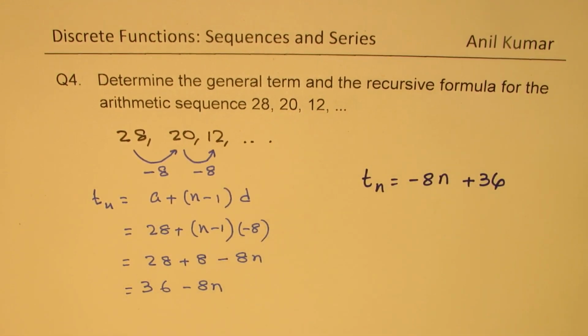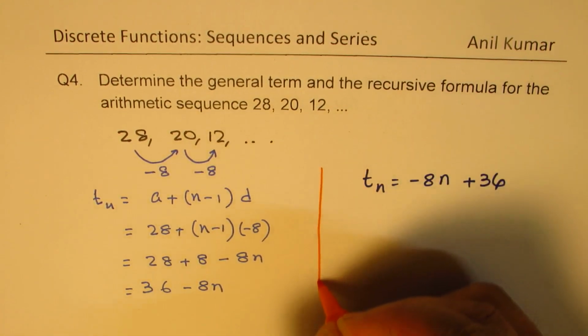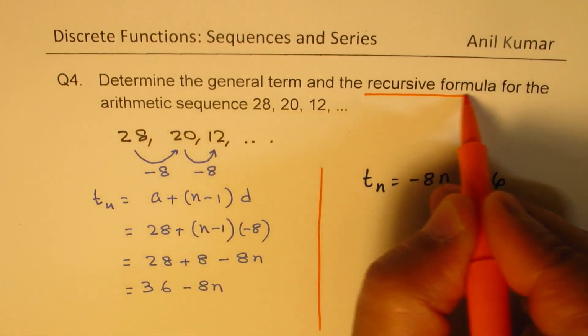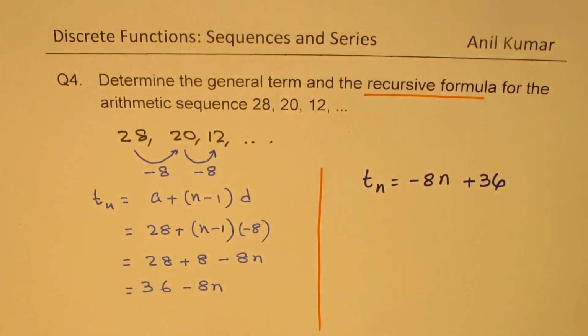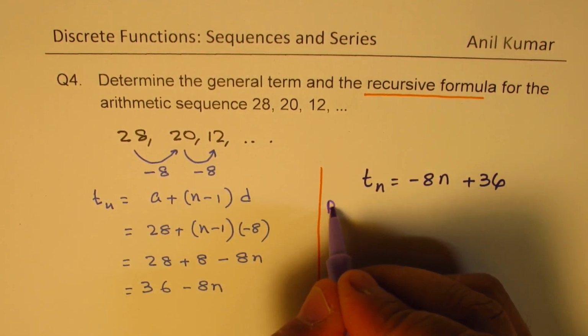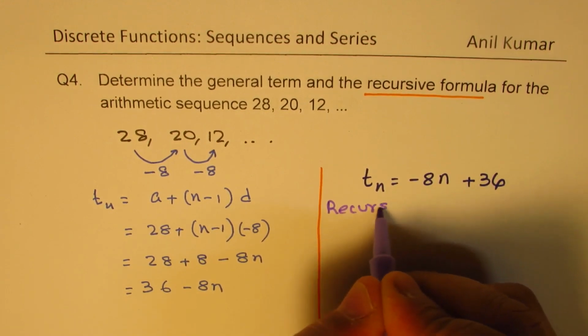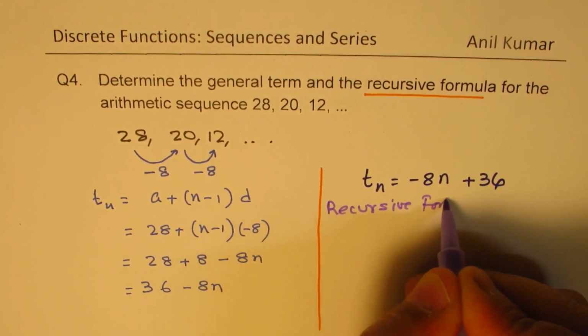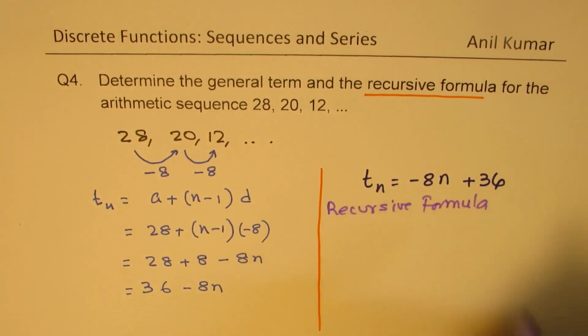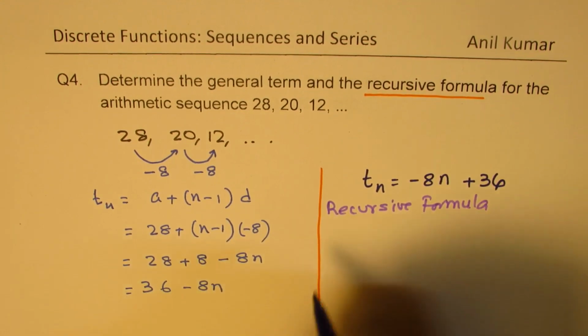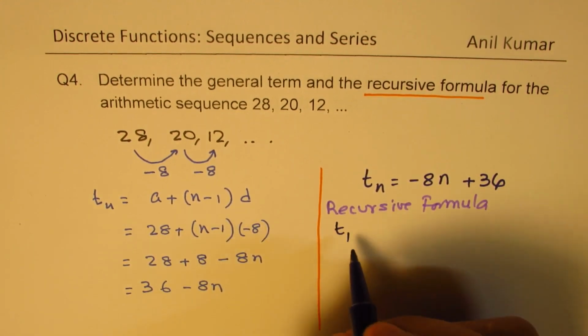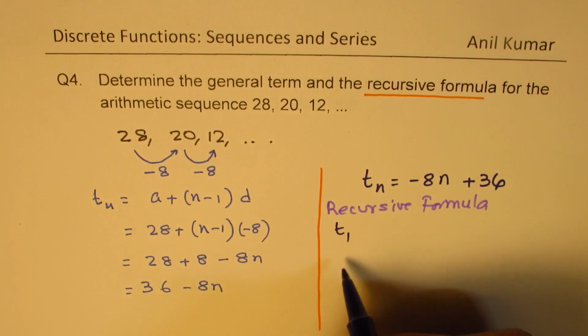Now what is the recursive formula? The recursive formula you get based on the previous number. When you have to define the recursive formula, for any sequence you should mention at least what it starts with. Sometimes you mention more than one term.